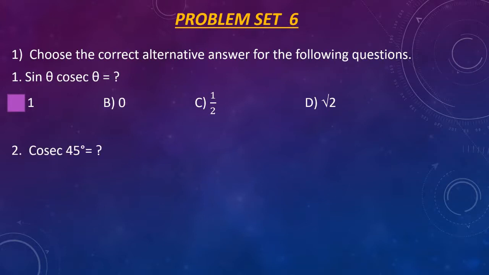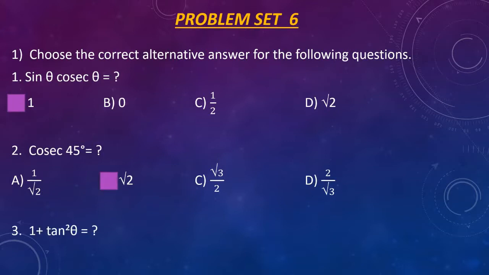Second, cosec 45 degree is equal to what? Options are A 1 upon root 2, B root 2, C root 3 upon 2 and D 2 upon root 3. Correct option is root 2.